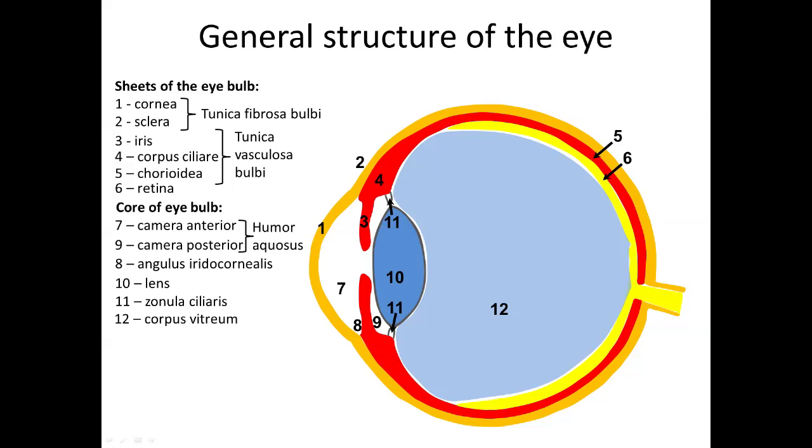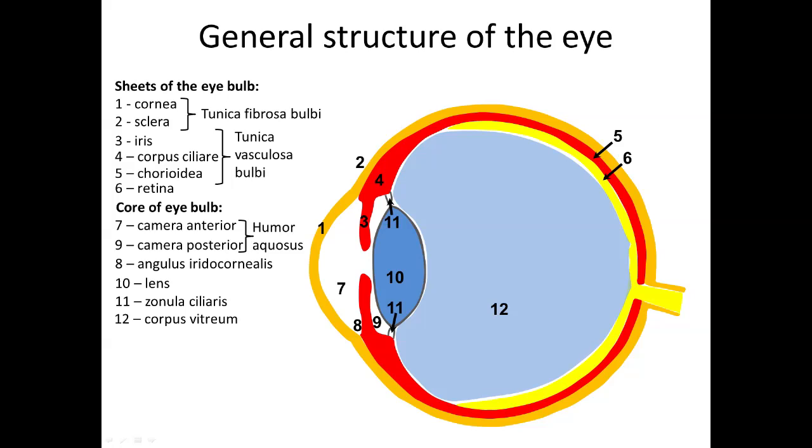So this core of eyeball plays several functions. First function is providing the shape, rounded spherical shape of the eyeball.